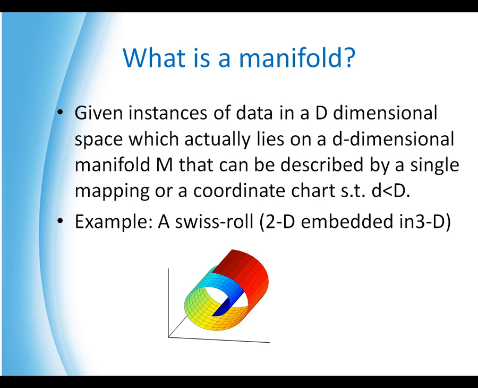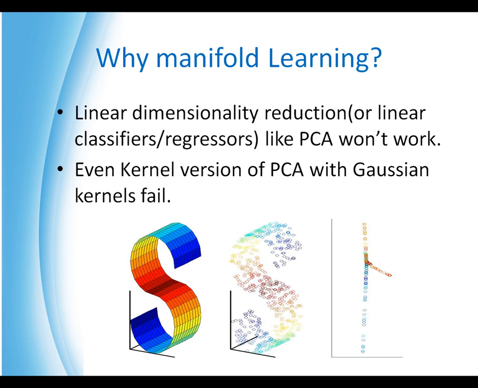It can be intuitively seen that linear methods, linear classifiers or linear regressors cannot handle these kind of data. Even kernel versions of dimensionality reduction methods like principal component analysis, also known as KPCA, with Gaussian kernels or maybe polynomial kernels, fail to unfold these kind of data.